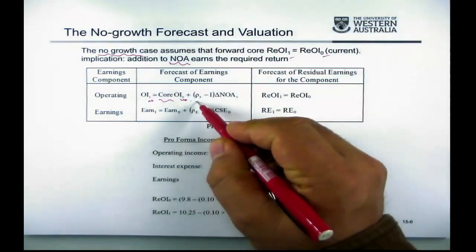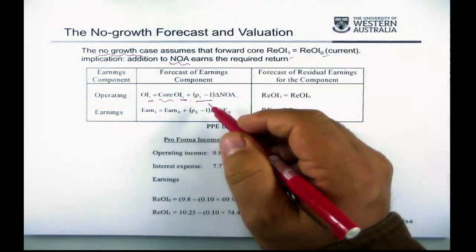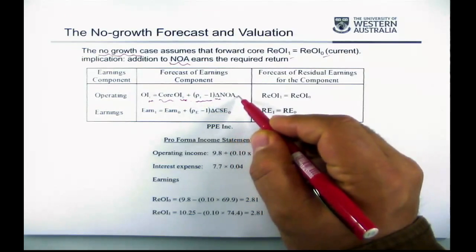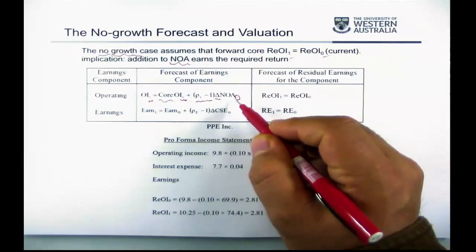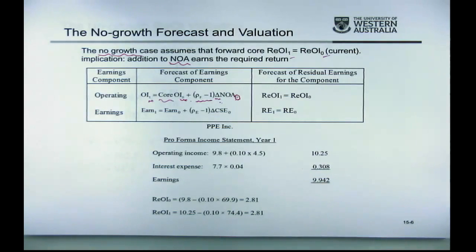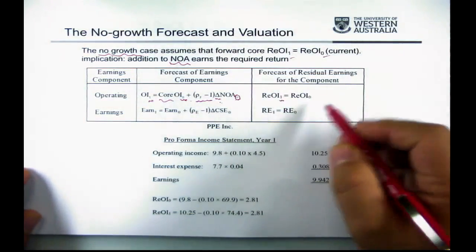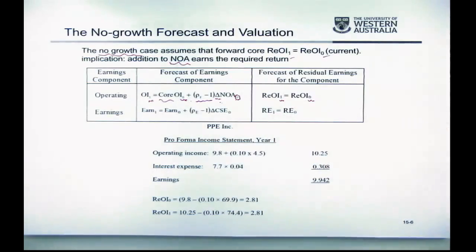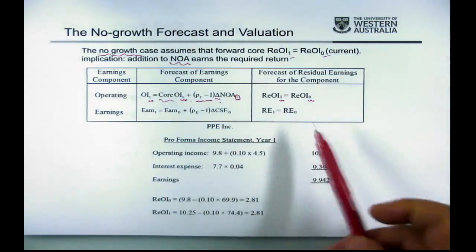So this is the required return on operations, and this is the change in the net operating assets at time 0, the addition to net operating assets. So we assume that any addition to net operating assets will earn the required return. Adding this to the current operating income means that next year residual operating income is equal to current year's residual operating income. Make sense?